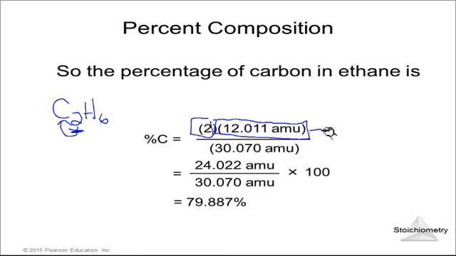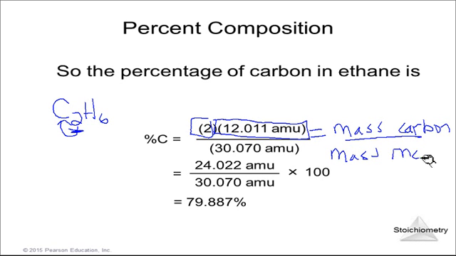This is my mass of carbon in my molecule. I'm going to divide that by the total mass of my molecule, which I get the same way as before: 2 times carbon, 6 times hydrogen, added together.